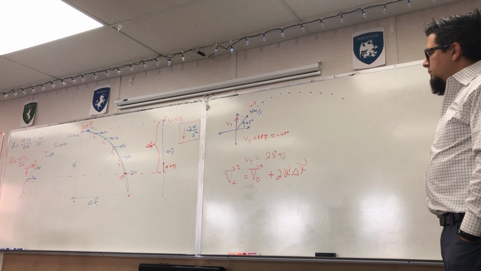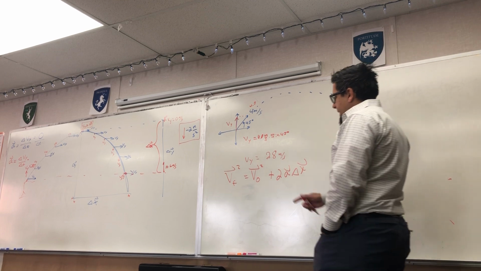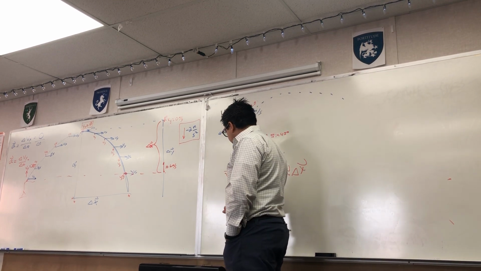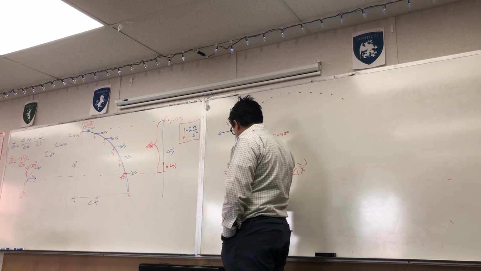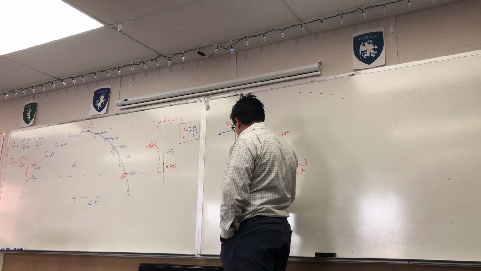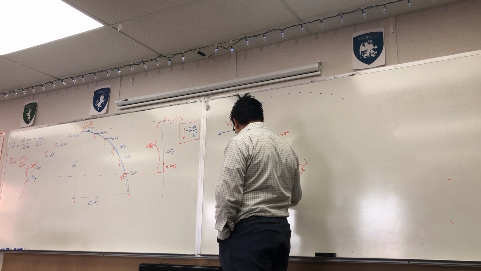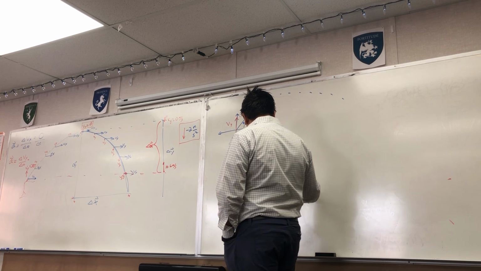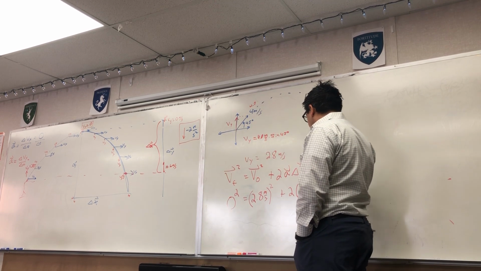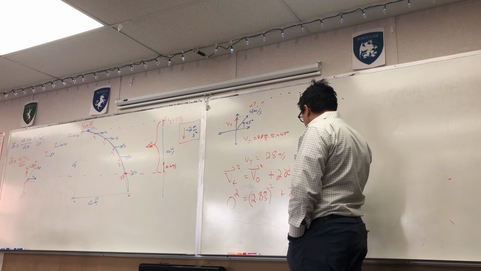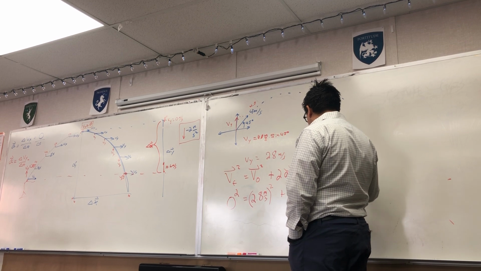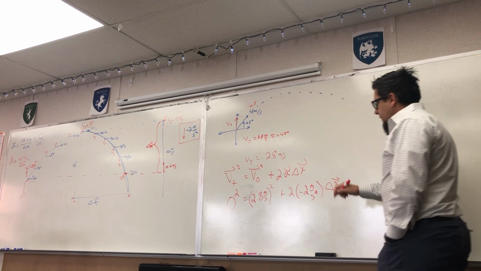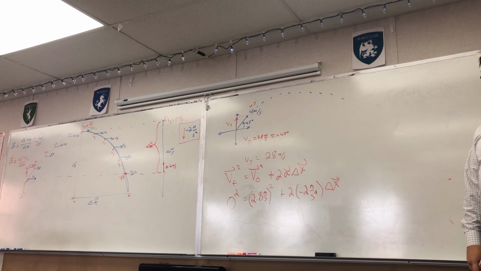Okay. So, my final velocity in the y direction is 0. My initial velocity in the y direction is 2.8. My acceleration in the y direction is negative 2. And I'm solving for my distance in my y direction.